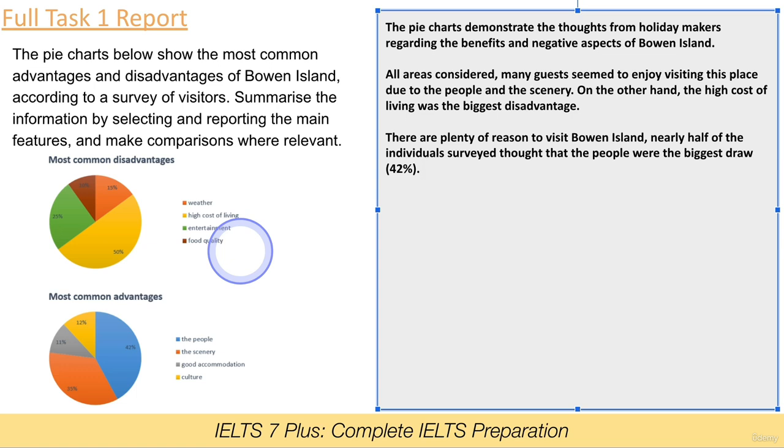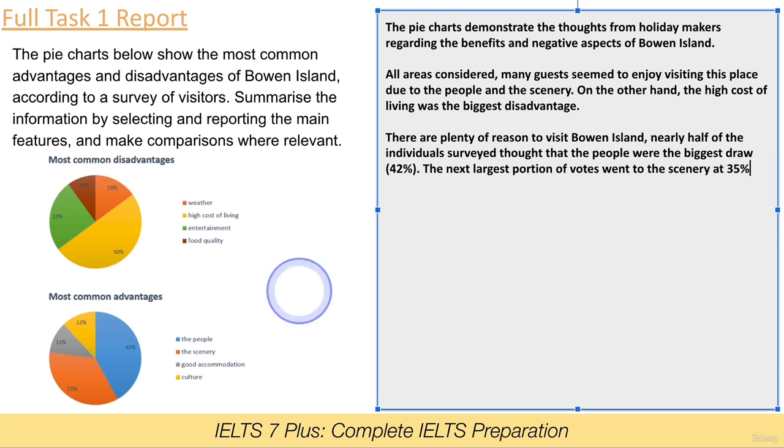Let's talk about the next biggest percentage, which is the scenery. That's the biggest advantage here. The next largest portion of votes went to the scenery at 35%.